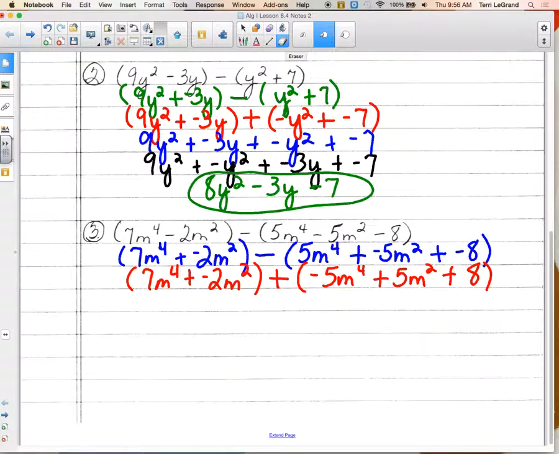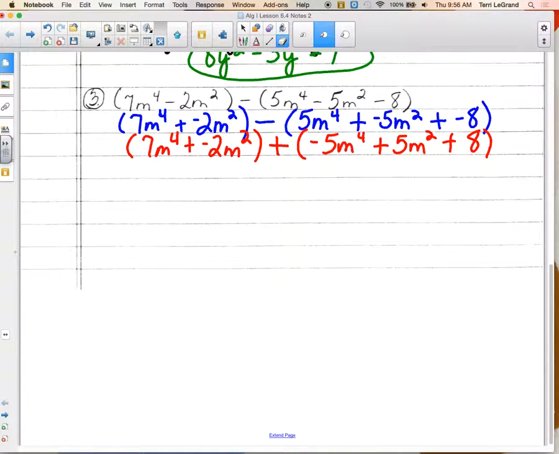It is huge that we know how to add and subtract polynomials for being able to be successful in multiplying them. So we have to make sure that we're especially treating subtraction properly. Now we can ditch the parentheses and say, I have a whole bunch of monomial terms here.